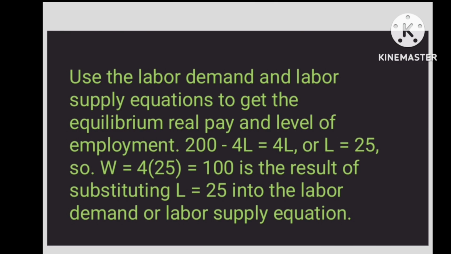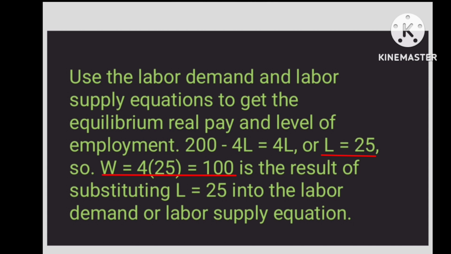Okay, use the labor demand and labor supply equations to get the equilibrium real pay and level of employment. So, 200 minus 4L is equal to 4L, or L is equal to 25.